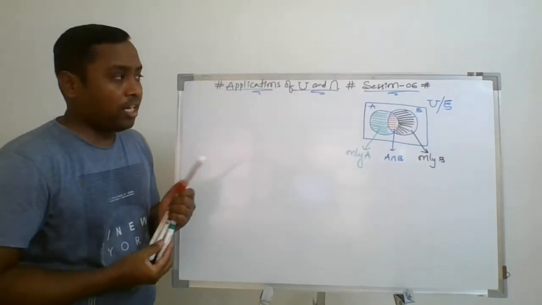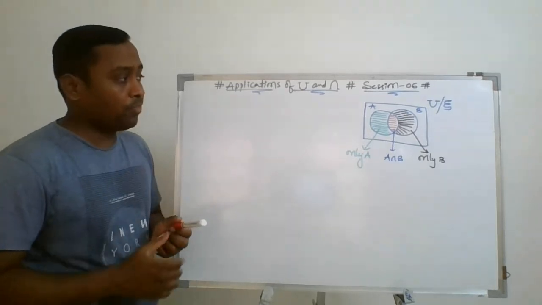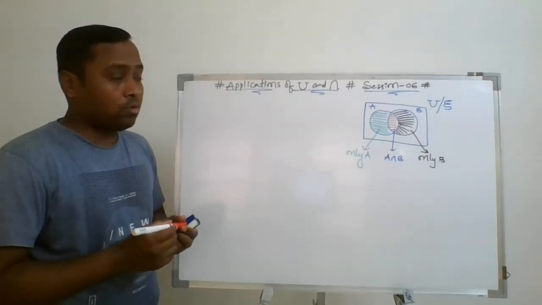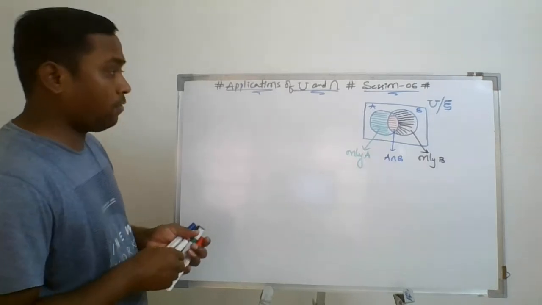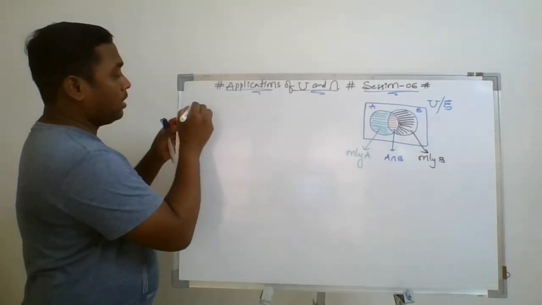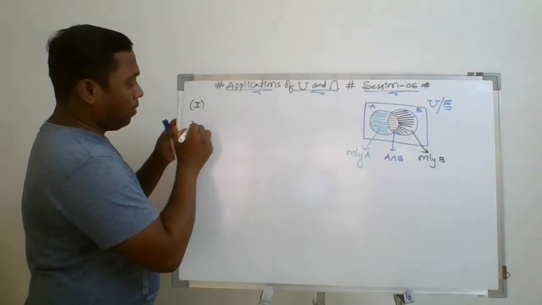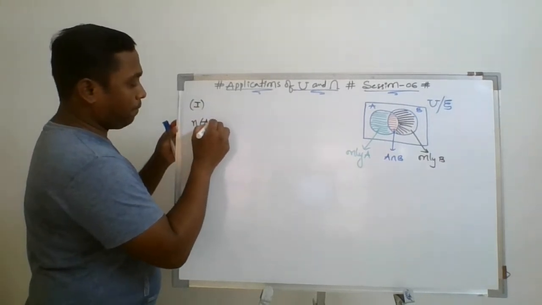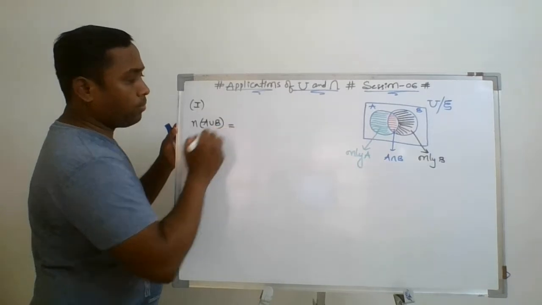Now, what is the meaning of this discussion here? What I wanted to say here. The first formula which we are going to discuss is n(A union B).